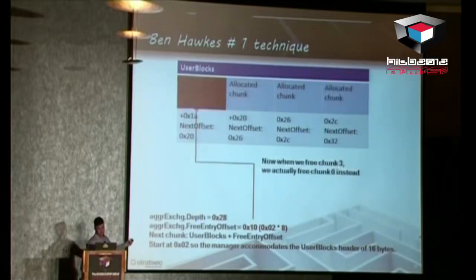Then what happens is when that free happens on this chunk, it will actually realign the chunk header and free this one. Essentially we've got a situation where an arbitrary object or structure is freed, and we can possibly call a function pointer on that, or force the application to execute a function from that. And then we allocate over the top of that, because the way the low fragmentation heap works is it's first in, first out.